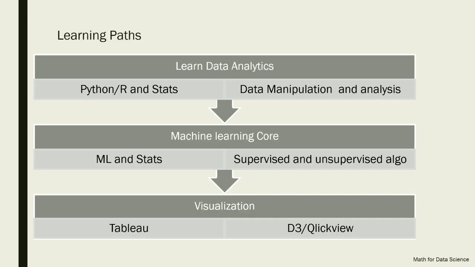Now, let's see the path to learn machine learning. It is to learn data analytics, implemented in Python and R. Then the machine learning core, that is machine learning and stats, supervised and unsupervised algos. And then the visualization of the data, which can be done in Tableau, D3, QlikView.